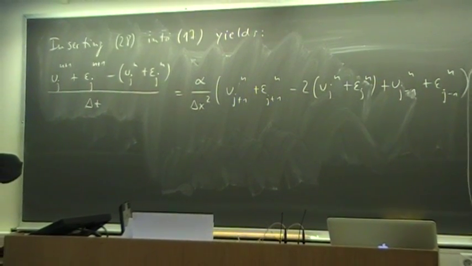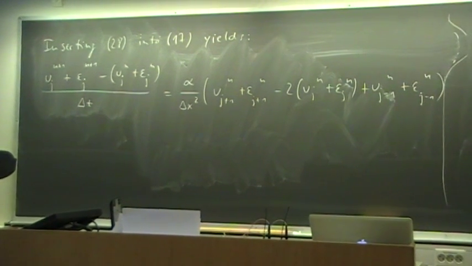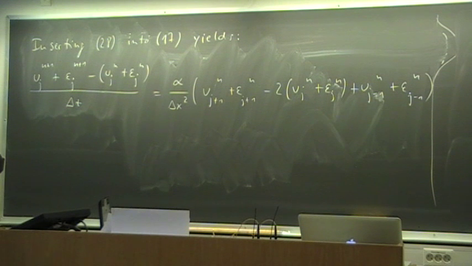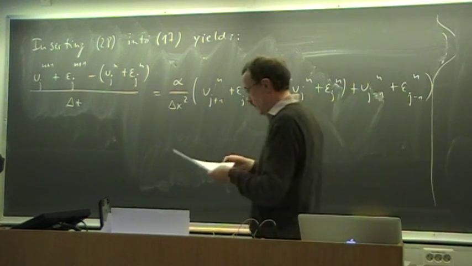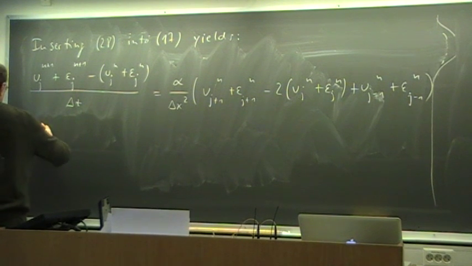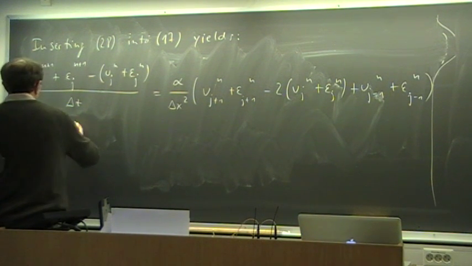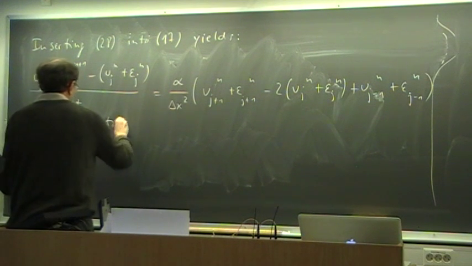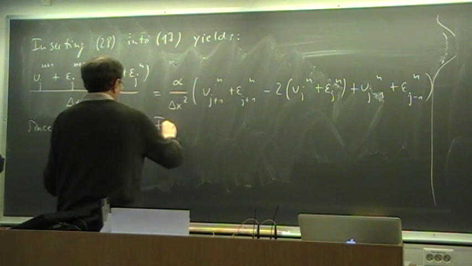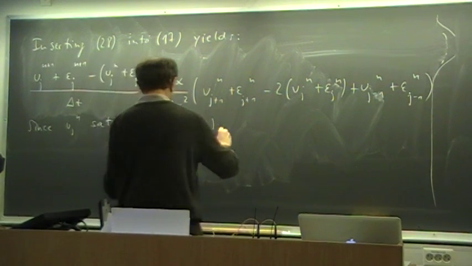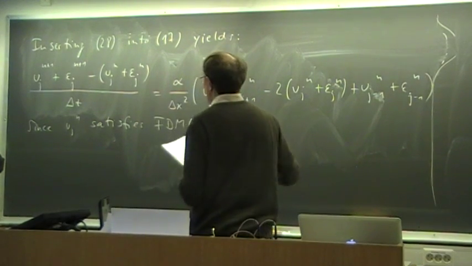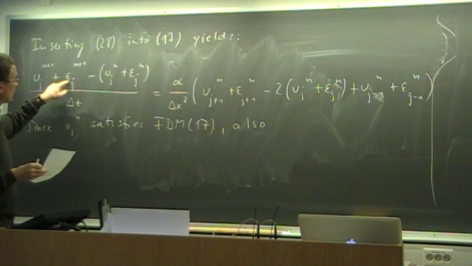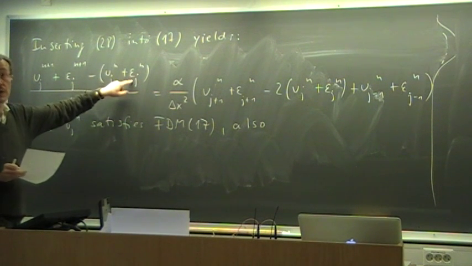So, and then we see that if we have that, and we know that the exact finite difference solution satisfies our usual scheme, that is 17, then we can argue, since the ujn satisfies the finite difference method of 17, we simply can subtract that, and then we get the same formula for the truncation error.